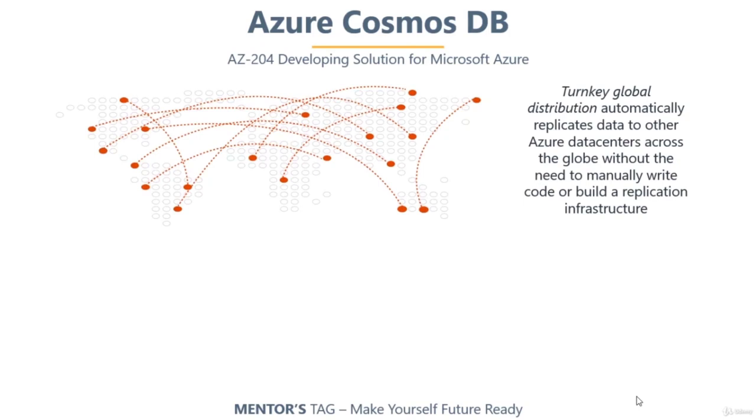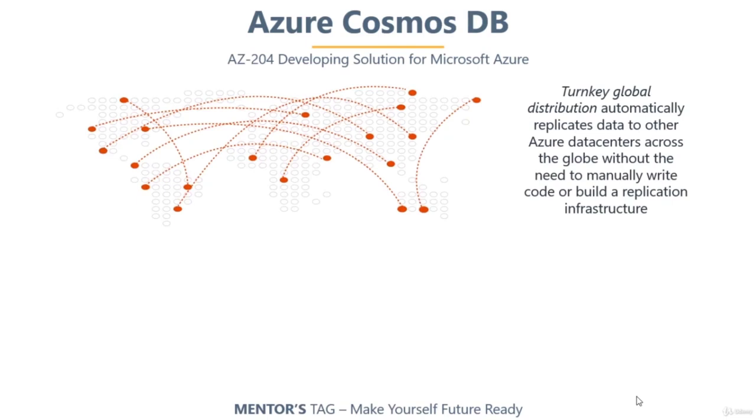Inside Cosmos DB, we have a facility of turnkey global distribution, which automatically replicates your data to the other Azure data centers across the globe without the need to manually write code or build a replication infrastructure. It has technically something called multi-region write.